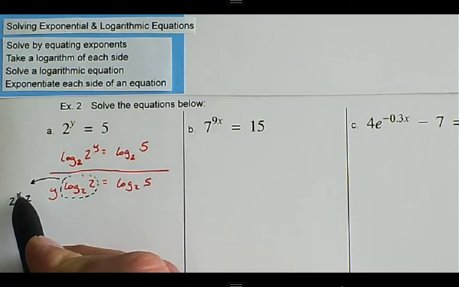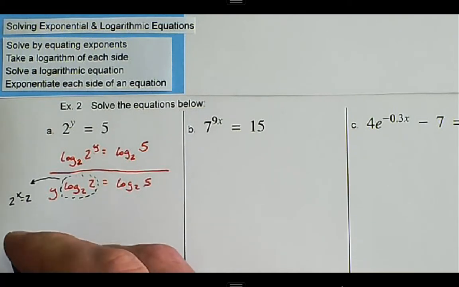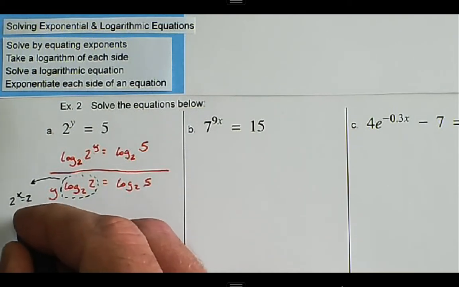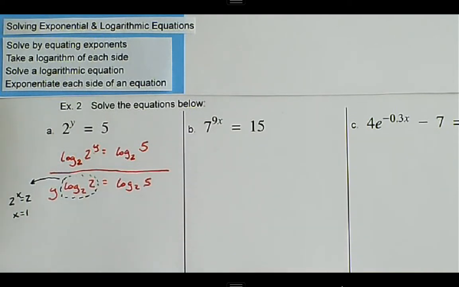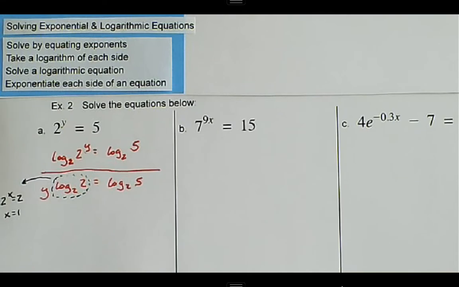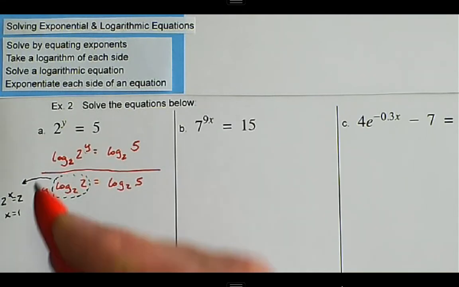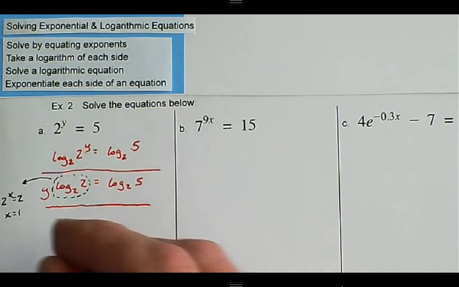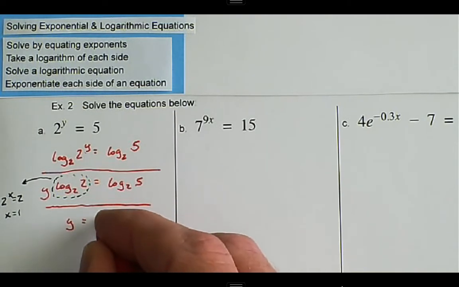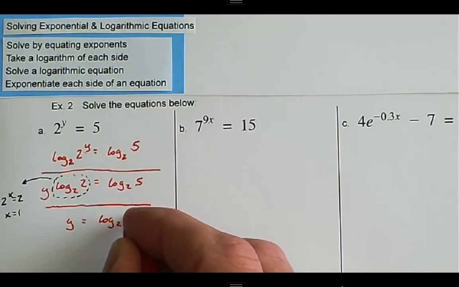So what does x have to be in order for this to be true? x has to be equal to 1. So log base 2 of 2 is equal to 1. With that simplification, we get y is equal to log base 2 of 5.